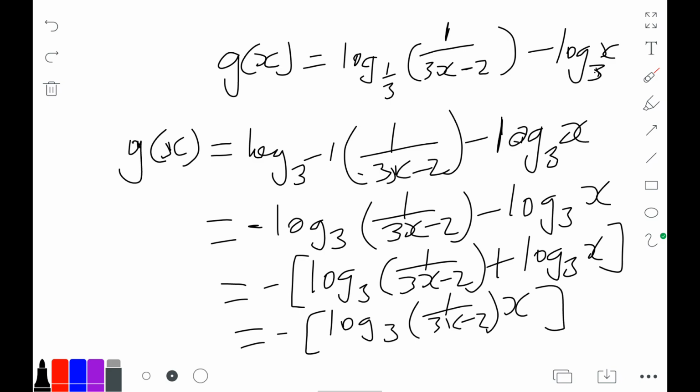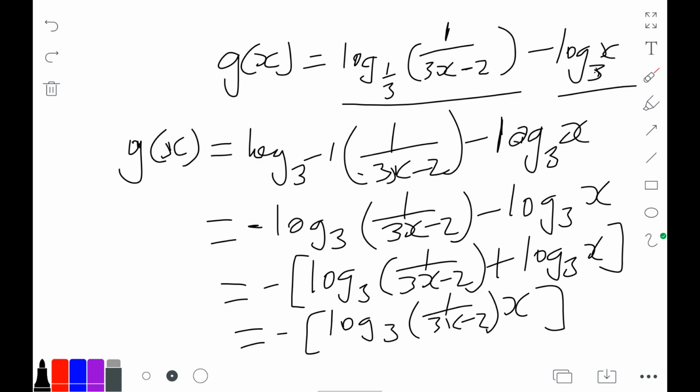So now we rewrite it as one thing. We have solved it, but we are not yet getting the domain.